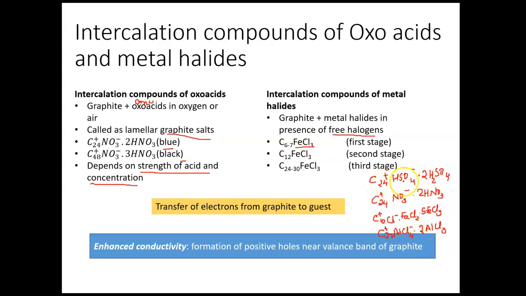All these are examples of the formation of this kind of ionic species by the transfer of electrons between the guest and the host. The guest is the species that is intercalated into the graphite layers, and the host is the graphite layer.